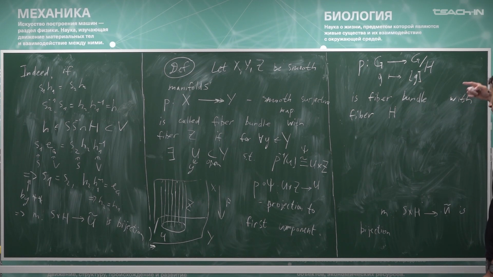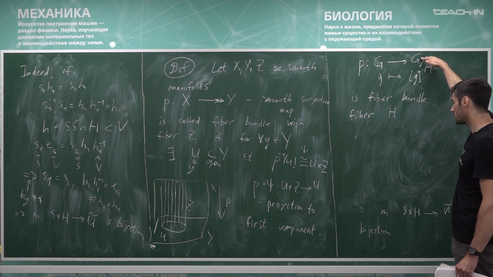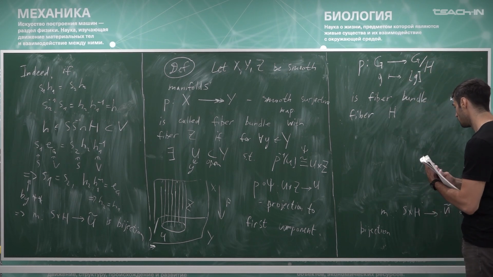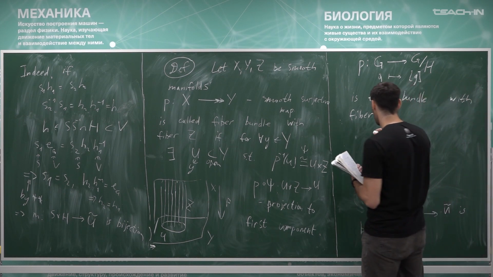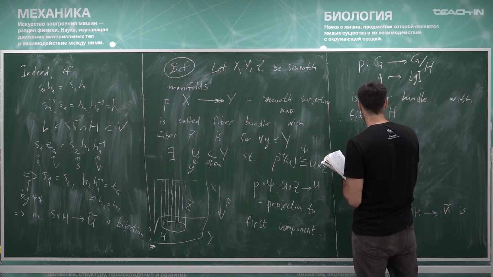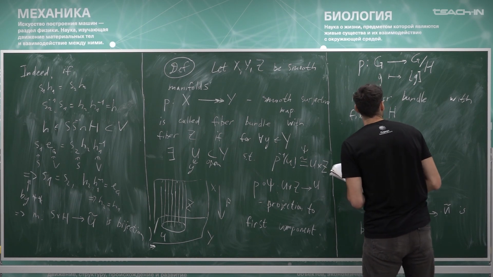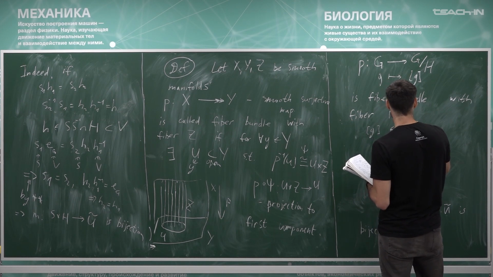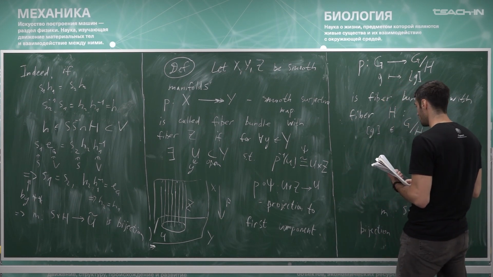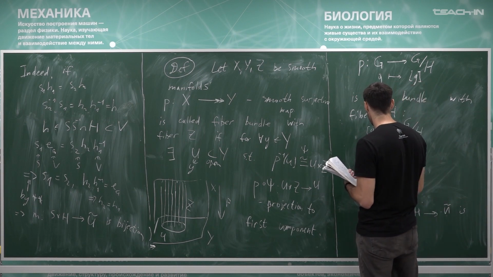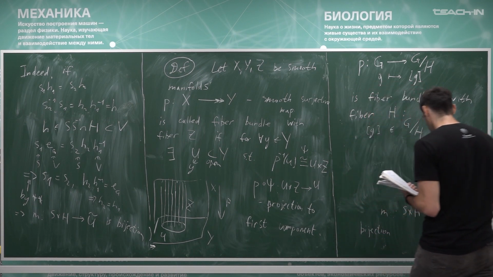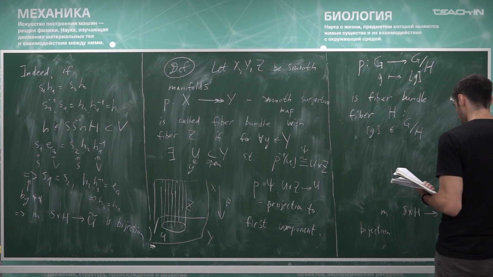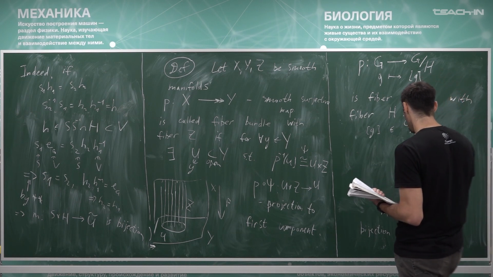So G is a fiber bundle over the quotient space with fiber H. Because, well, again, if I fix some G, right, in here, I have G U tilde.